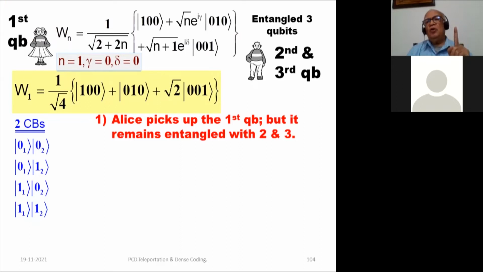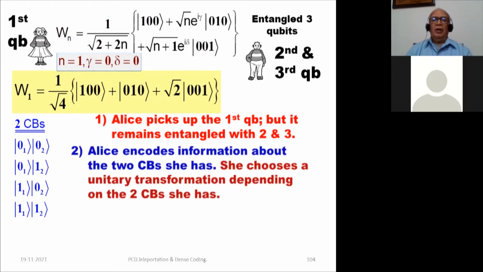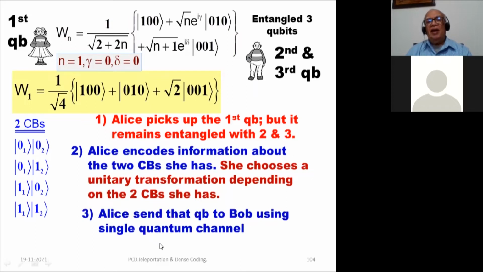Alice has got a single qubit, and she can do 1 qubit gate operations on her qubit. So she encodes information about these 2 classical bits by performing a gate operation on her qubit. And she uses a unitary transformation depending on which pair of 2 classical bits she has. So depending on that, she can carry out a single gate operation on 1 qubit, and Bob now has got qubit number 2 and qubit number 3.